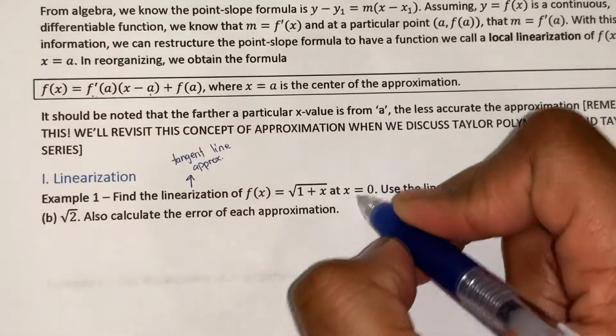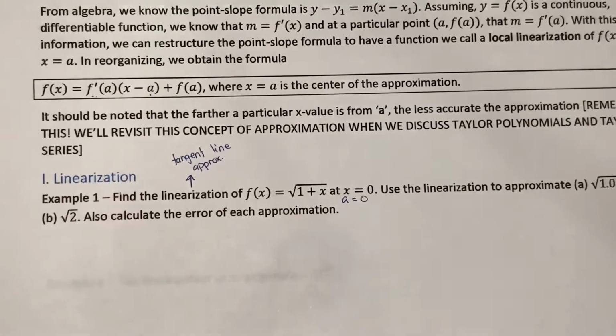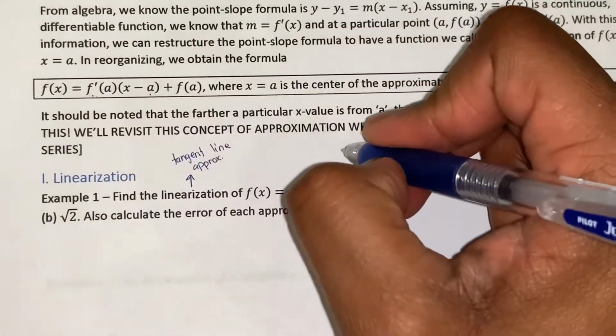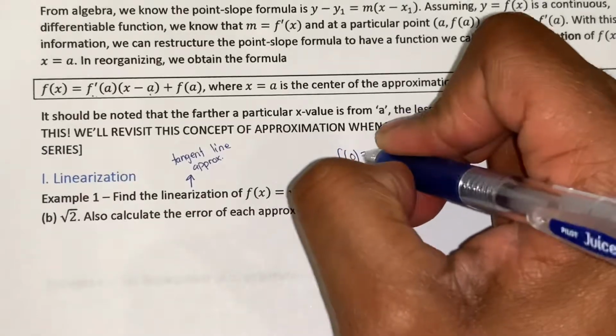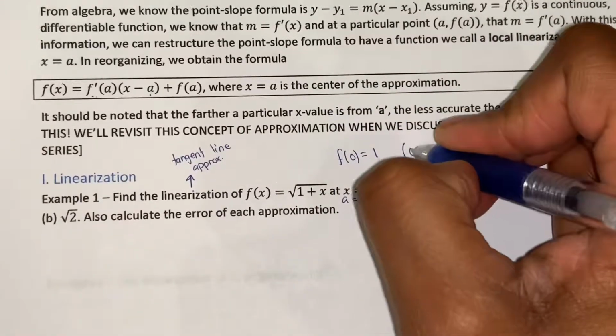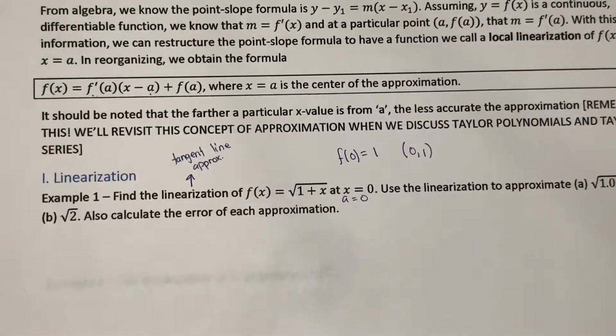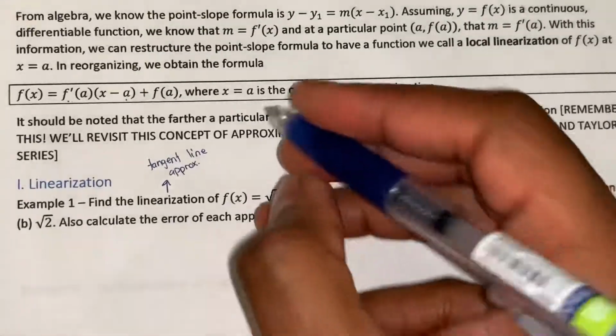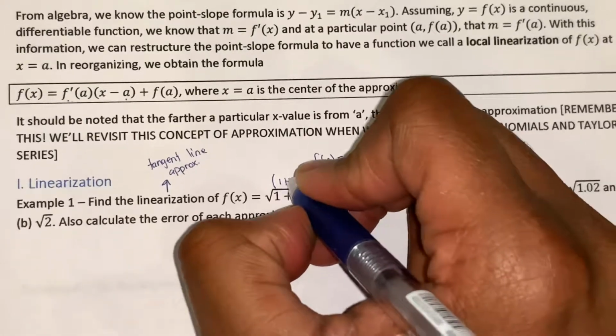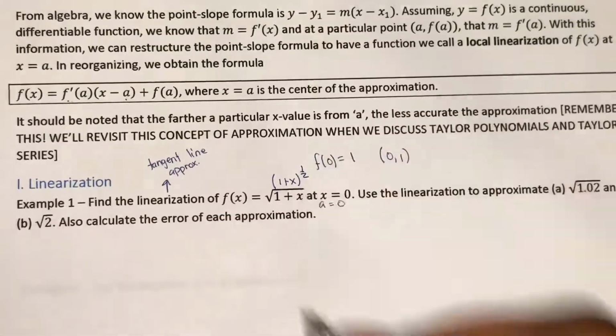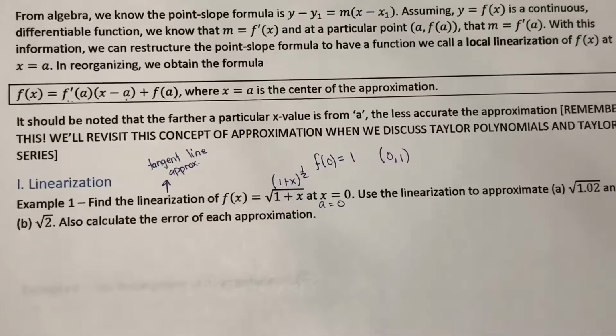In this case, our a value is x equals 0. So f of 0 is 1. On the line, we have the point 0, 1. Next, we need the derivative. We can rewrite the square root of 1 plus x as 1 plus x to the 1 half.